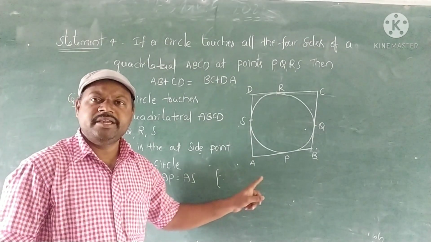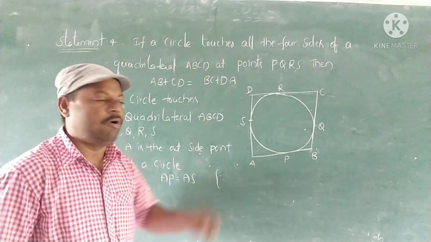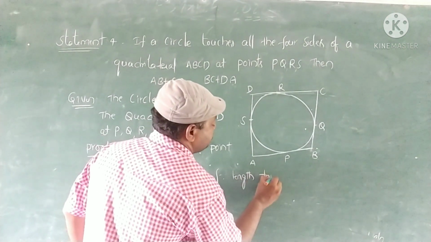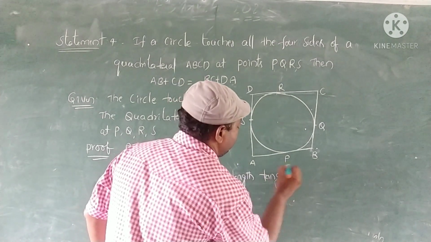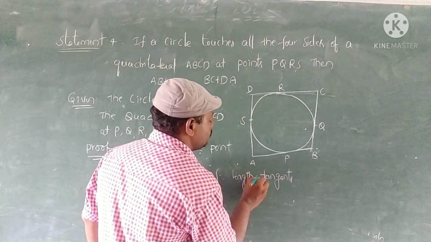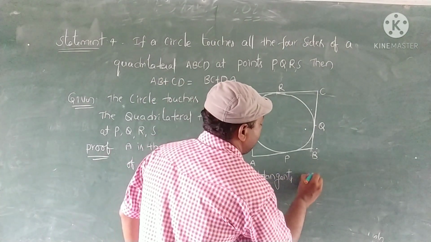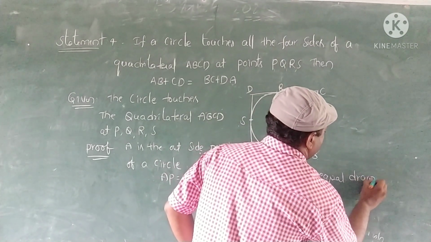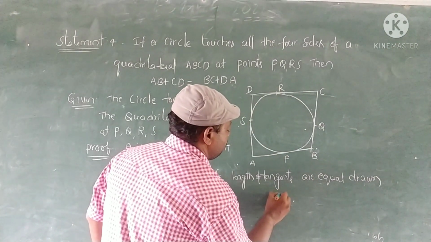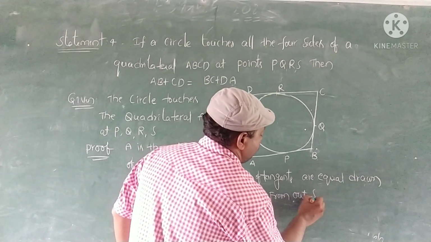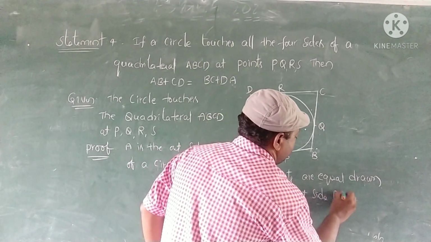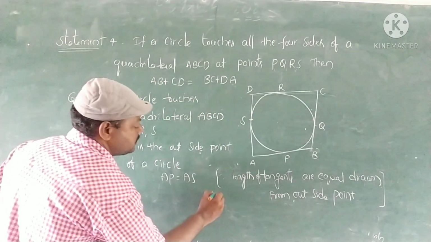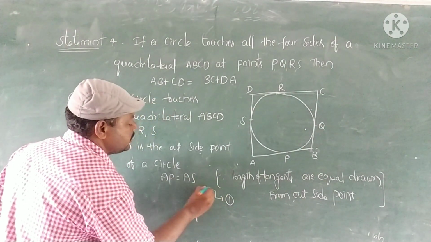The lengths of tangents drawn from an outside point are equal. Okay, so this is equation number 1.